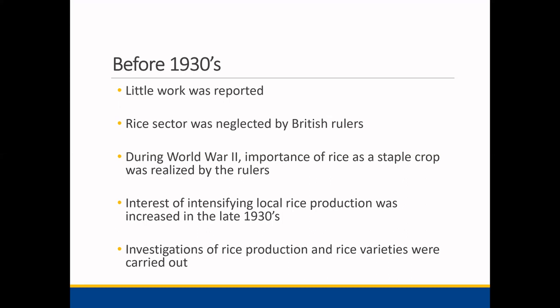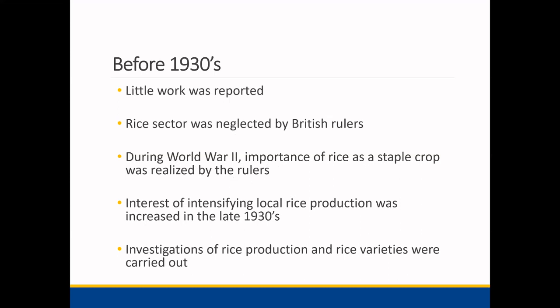The rice sector was neglected by the British, because they were mostly focusing on plantation crops like tea, rubber, etc. But during World War II, the importance of rice as a staple crop was realized by the rulers.